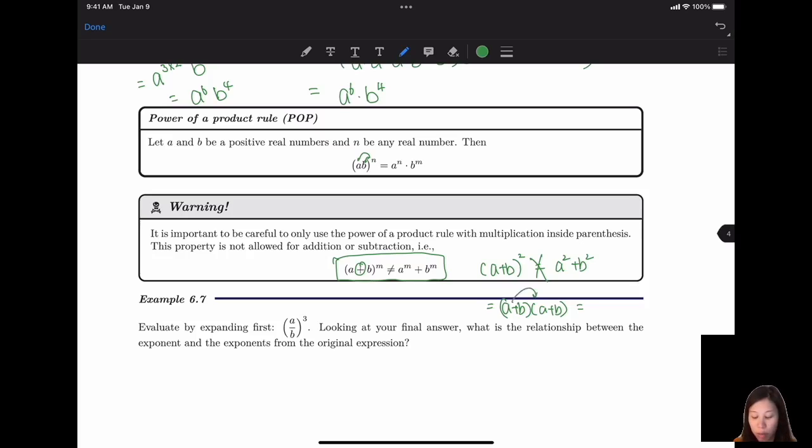And then we FOIL them: a squared plus ab plus ab plus b squared, which is equal to a squared plus 2ab plus b squared, which is not equal to a squared plus b squared because there is still 2ab. This only works if it's a times b to the mth power. So this is equal to a to the m and b to the m. You can only distribute them when they multiply. If it's addition, no.